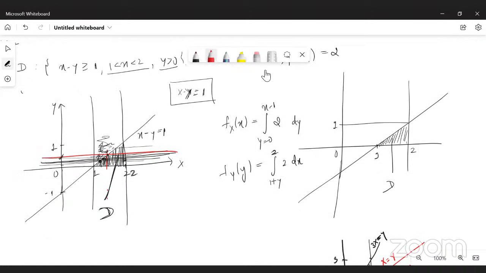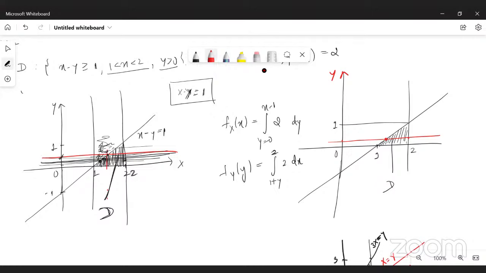And what we want to do is we want to integrate, we want to vary our x, right? So we are fixing y. Okay. So this was our y, and let's say I'm fixing this point. So if you fix this point, how is your x varying? It is varying from this point to 2.